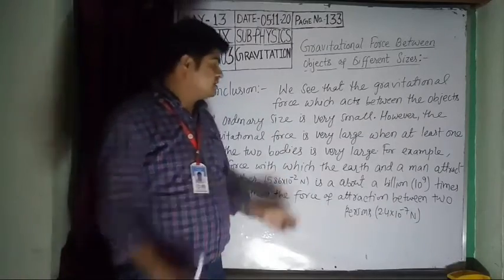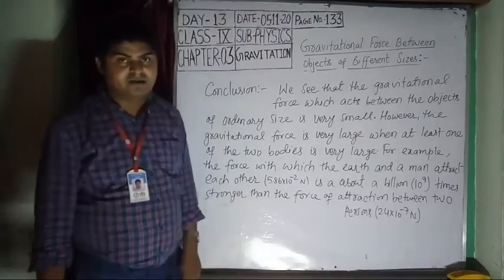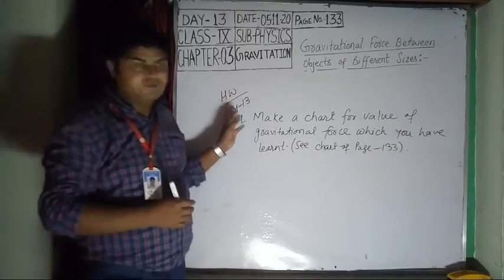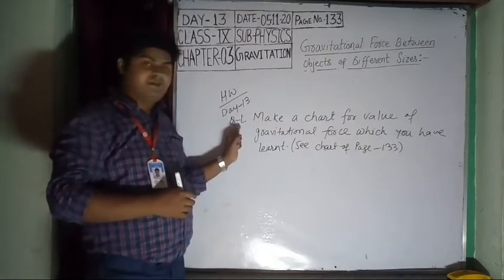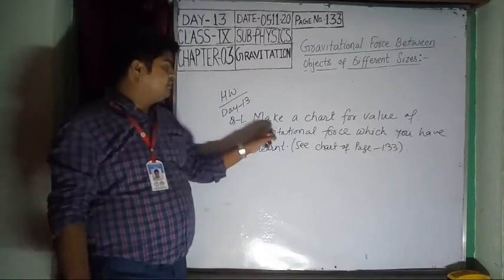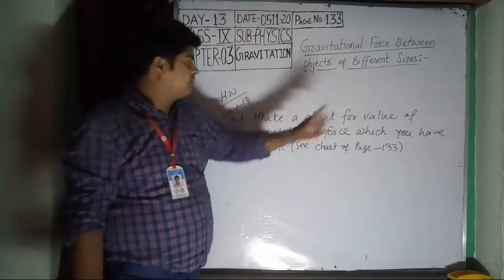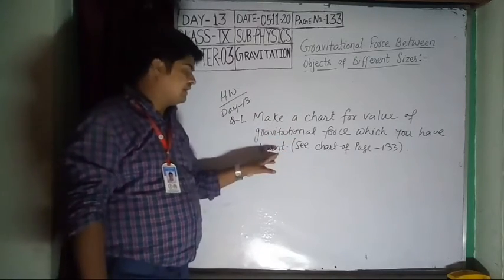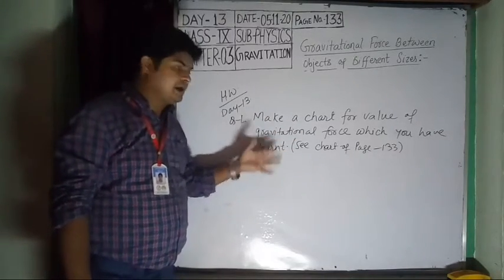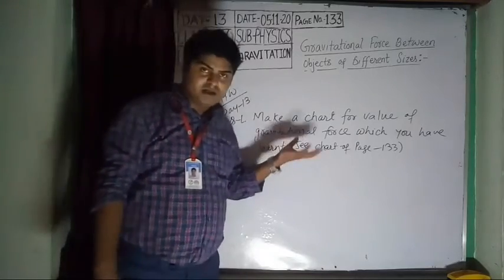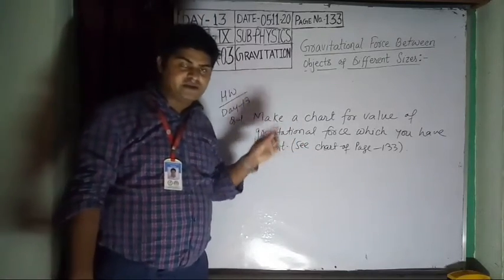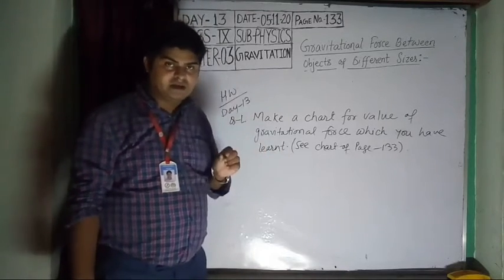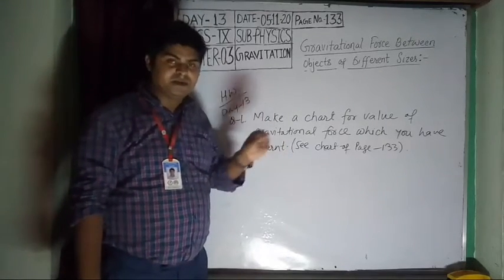Okay, now students, it's time for your homework. Write down your homework. Students, this is your homework for day 13. I have given one question. Make a chart for the values of gravitational force which you have learned. I have solved so many questions, how to find gravitational force between two balls, between two persons, between person and earth, between moon and earth, between sun and moon.